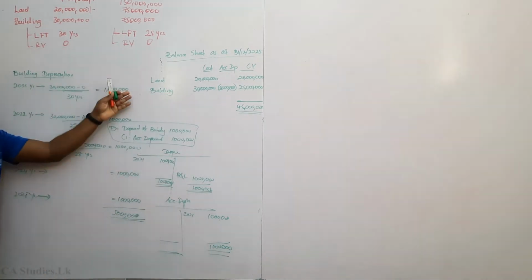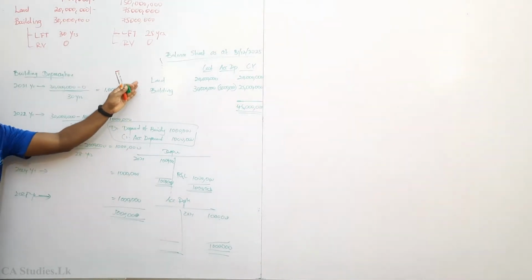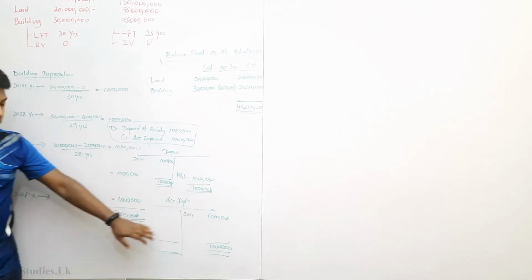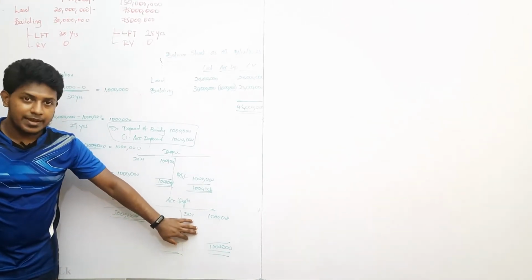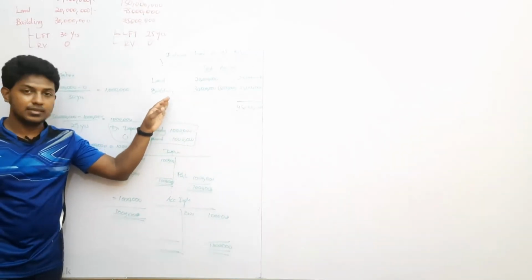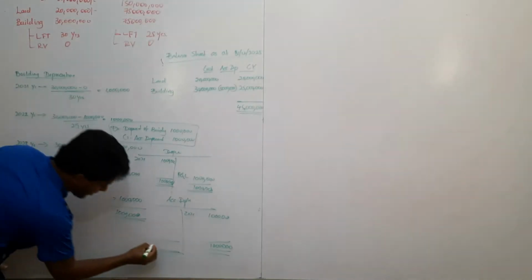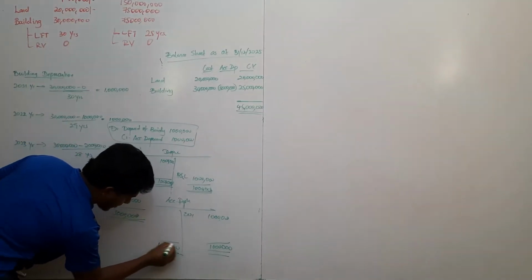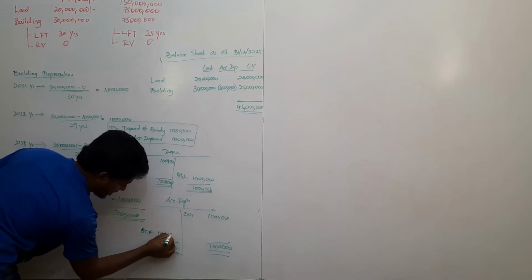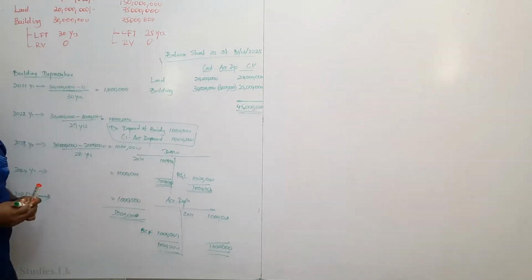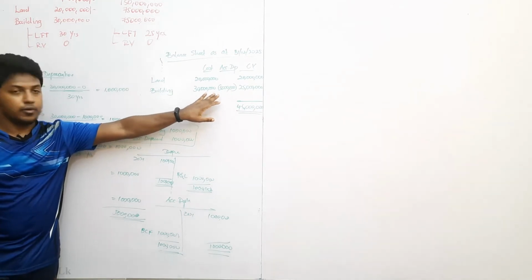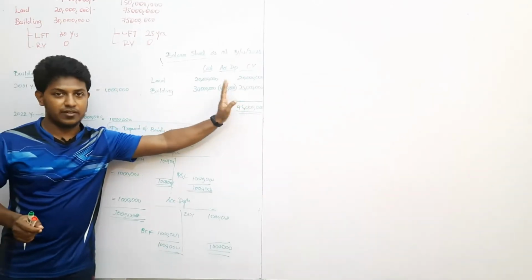Until this building and land are disposed, until they are actually realized, we have to keep the related accumulated expenditure and accumulated income with the company. So the first year balance carried forward is 1 million. Each year will go like this, and after 5 years 5 million is the balance carried forward for accumulated depreciation. Now the balance is 25 million.